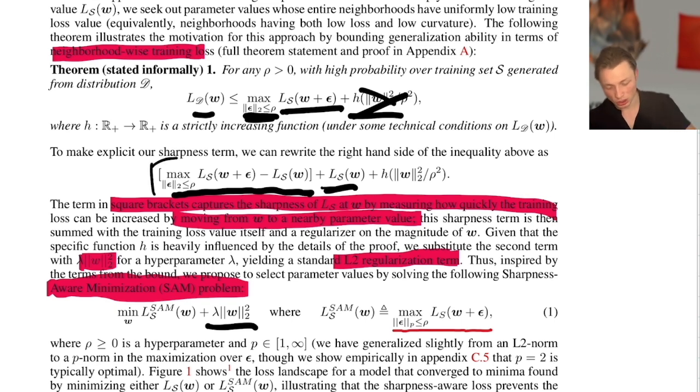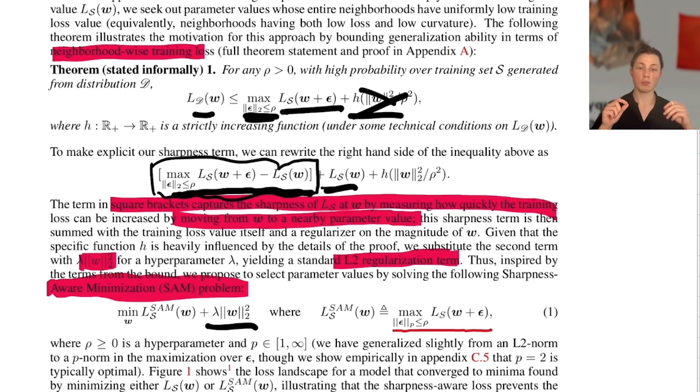So we are subtracting how much loss we currently have from the worst case, and we have the difference between the worst case and the loss we have with our current parameter configuration. And we want to minimize also this difference. Okay, and this is how we could measure the sharpness.